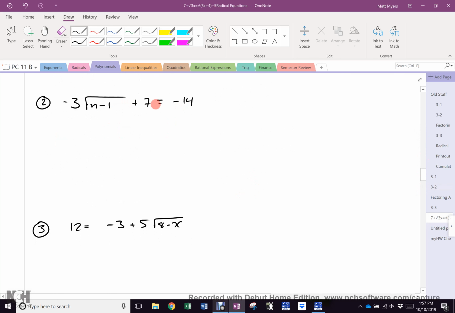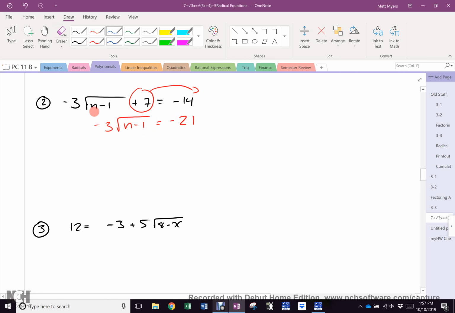This one. If I were doing this one, I would bring this over here. And I would get negative 3 root n minus 1 equals negative 21. Now, some of you are going to square this because you see the radical isolated.